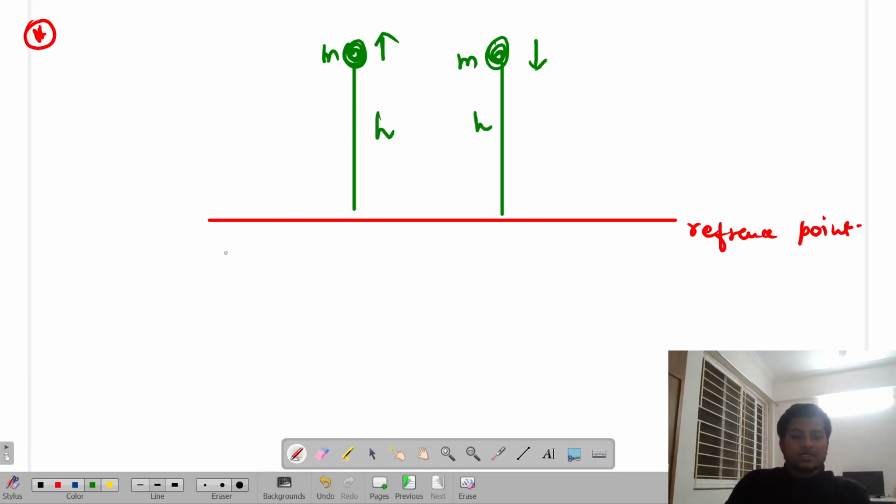So if I measure up from the reference point, although it is going up or down, I don't care about that, my potential energy will always be what? Positive.